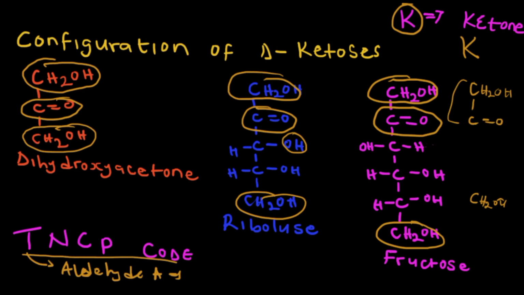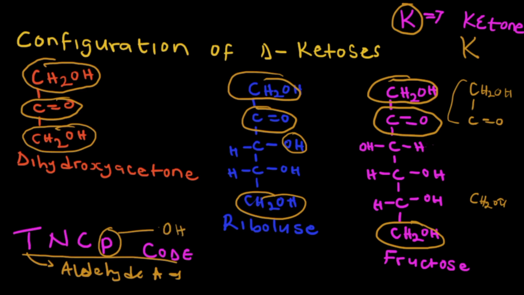But there is something in ketoses. For example, in this P, which we use as the code for position, I use it to show the position of the hydroxyl group.